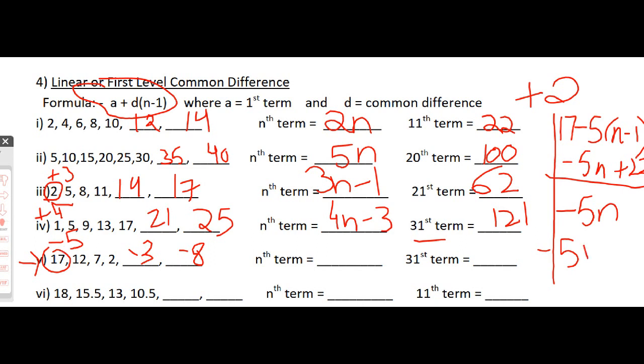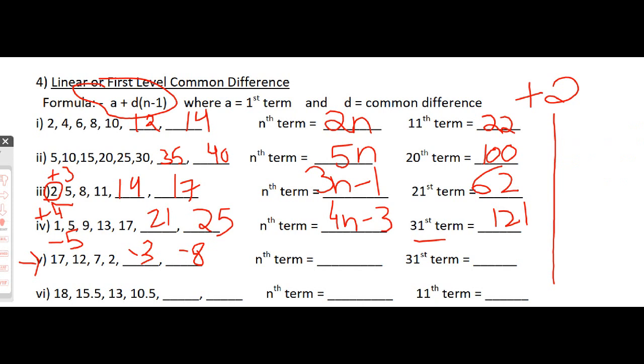So the nth term will be minus 5n plus 22. So we write that here. Minus 5n plus 22. Now to get the 31st term, you will enter in your calculators minus 5 times 31 plus 22, which gives us minus 133.